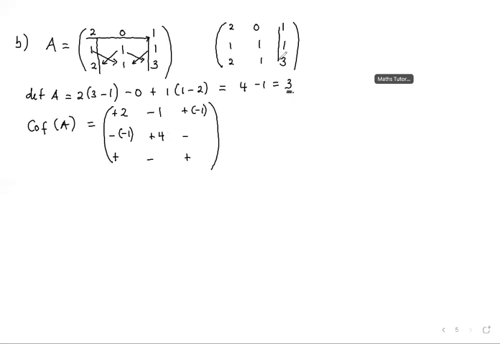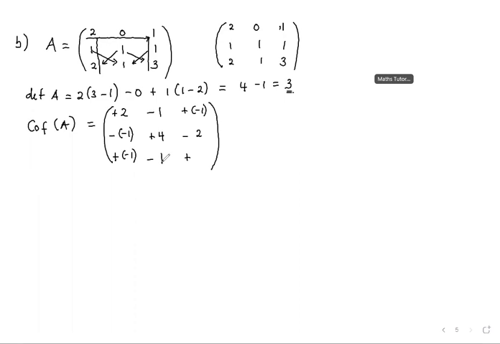And then cut this row and that column. Then you have 2 minus 0, that is 2. Then the third, we remove this, and remove this, we get 0 minus 1, that's -1. And then we remove the second and the third, we get 2 minus 1, that is 1.